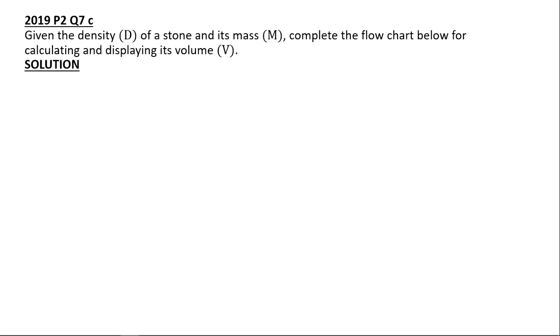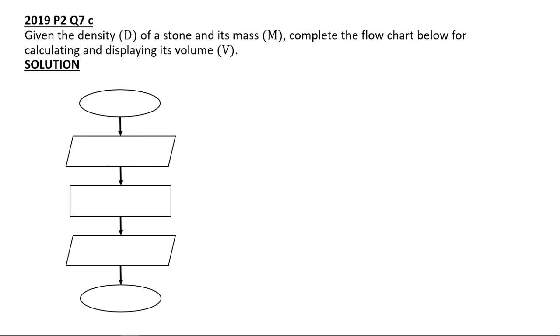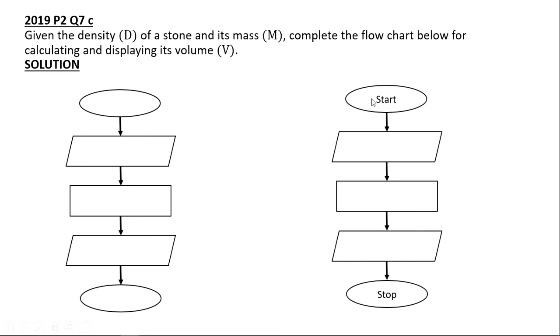2019. Given the density D of a stone and its mass M, complete the flowchart below for calculating and displaying its volume V. So we have the oval shape for start, input, processing, output, and then stop. So we'll start. Under the oval shape, we'll put our start. Then we'll enter our mass and density.